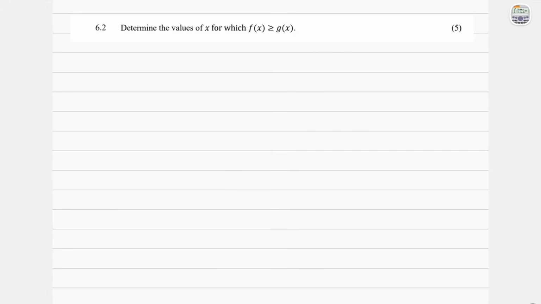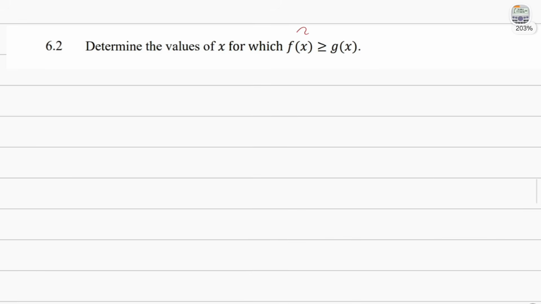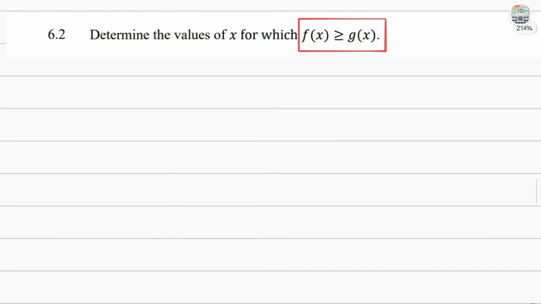Question 6.2 says, determine the values of x for which f of x is greater than or equal to g of x. Okay, so do you see that it's greater than, but it's also equal to? So what we could find out first is where f of x is equal to g of x.